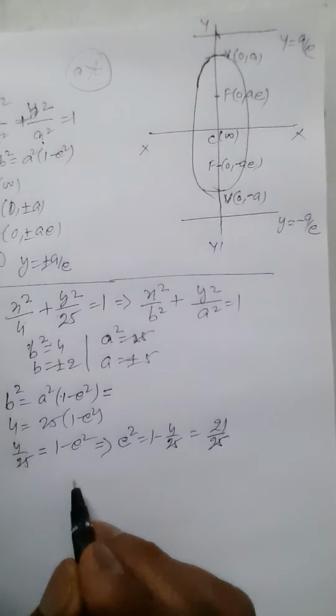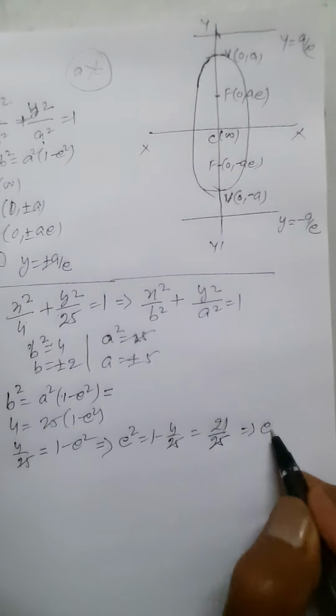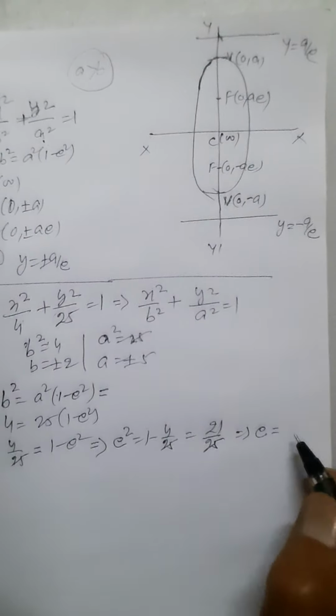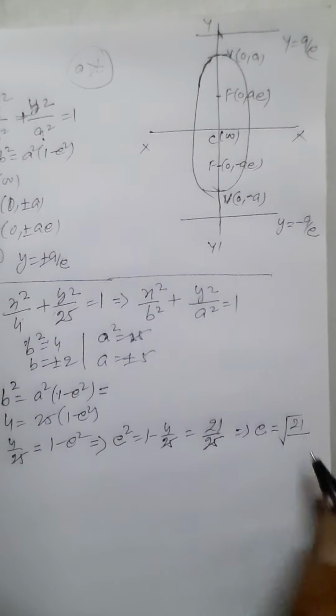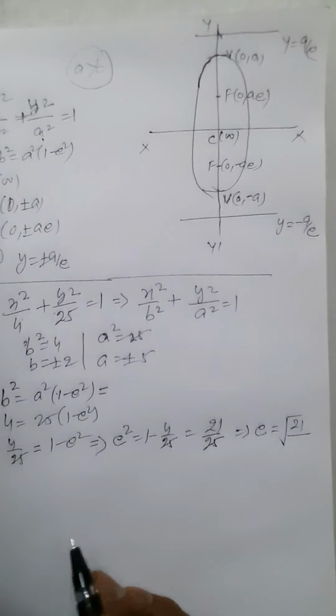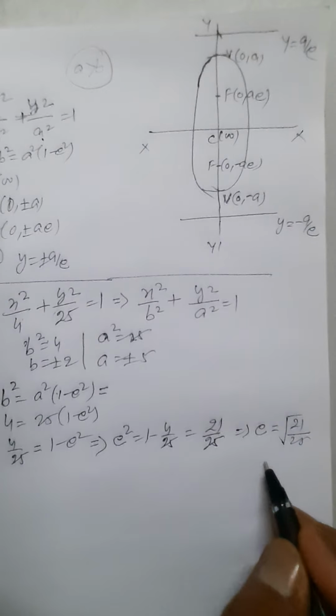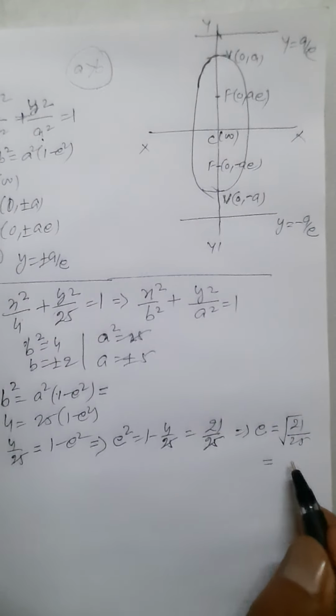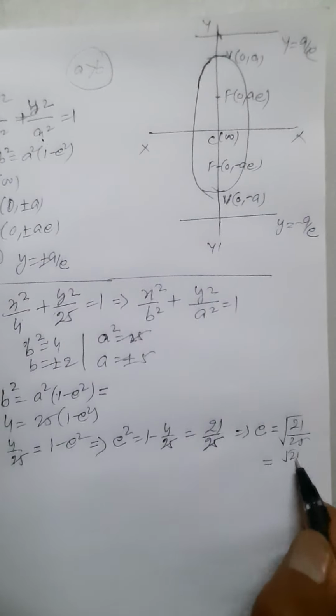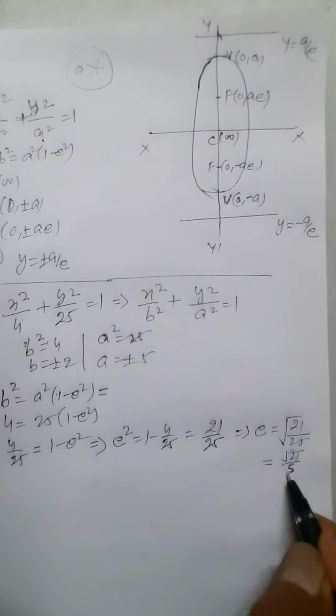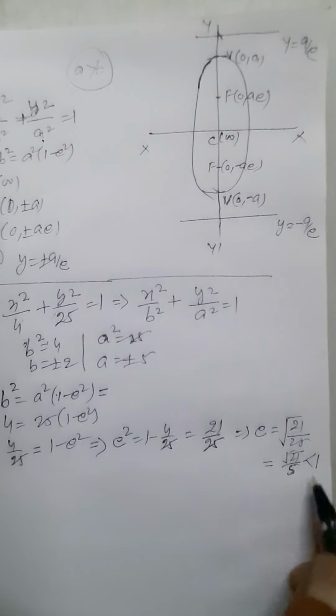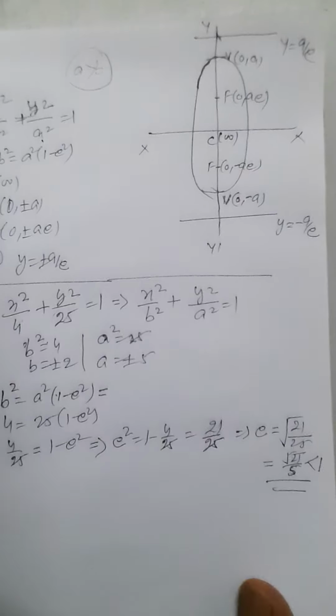So here the value of e will be root of 21 upon 25. So it is root 21 upon 5, and this value is less than 1, so it is an ellipse.